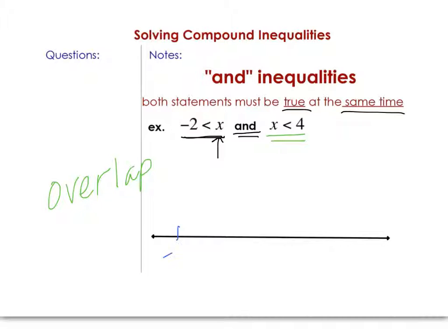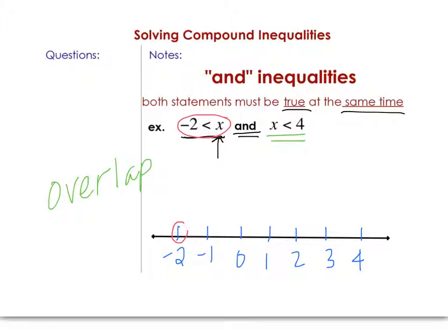So on my number line, I want negative 2, negative 1, 0, 1, 2, 3, 4. Let me graph this one first. I'm going to graph x is greater than negative 2 first, in red.